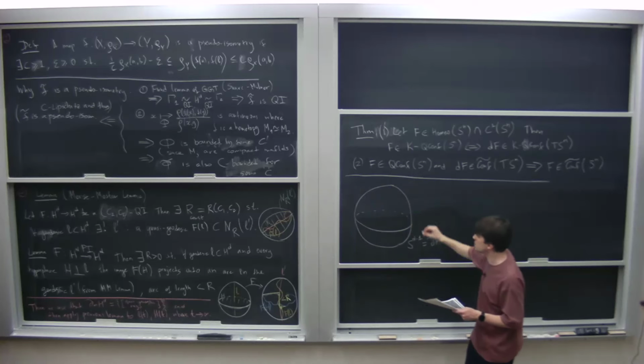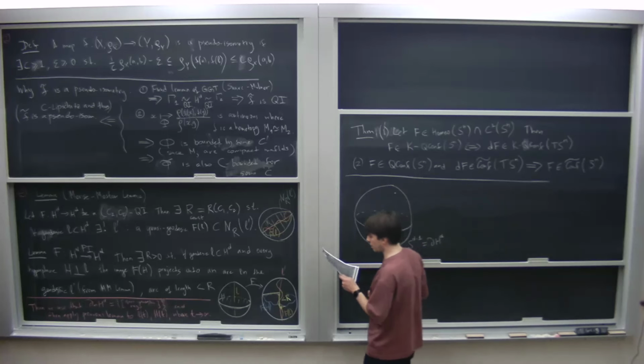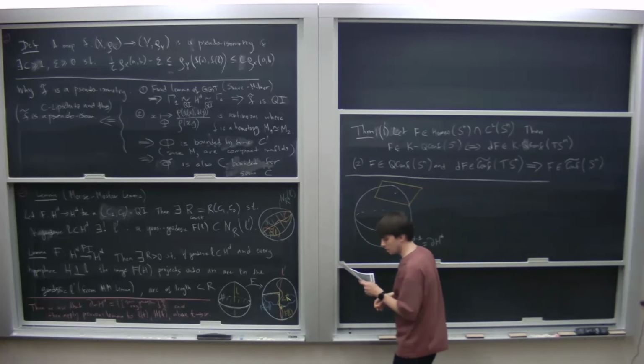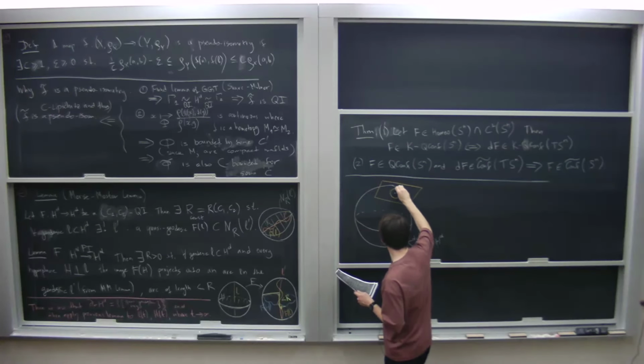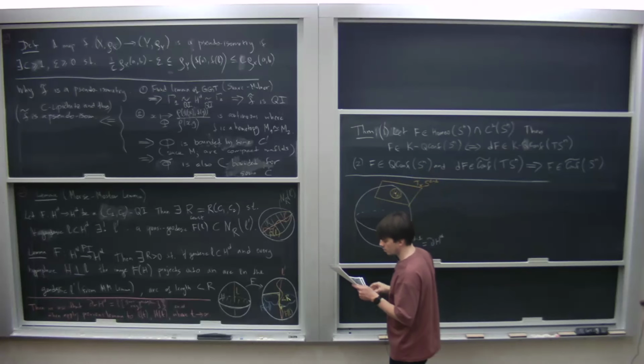Now I choose some point x here, and I have a tangent space T_x S^(d-1) and some ball centered there. In fact, I can take the ball of radius 1, I guess.